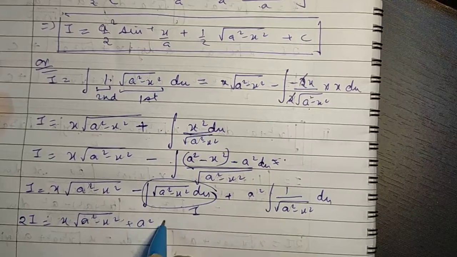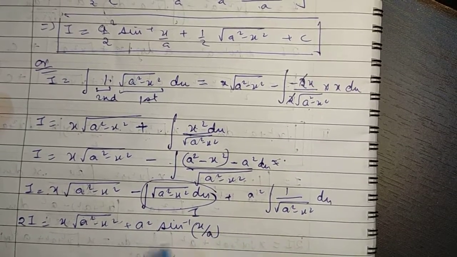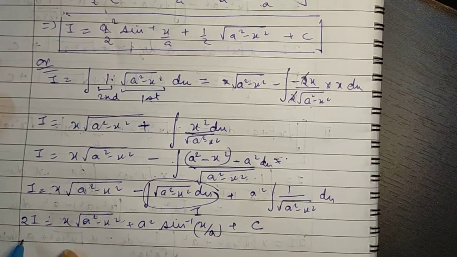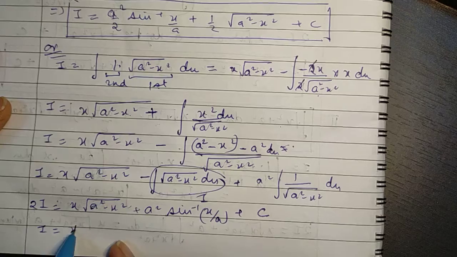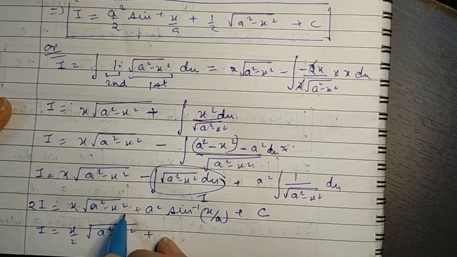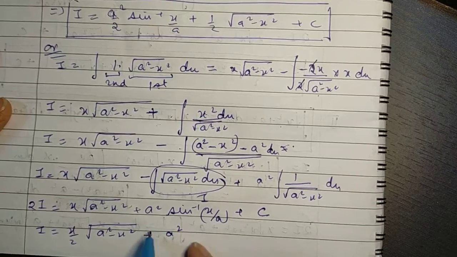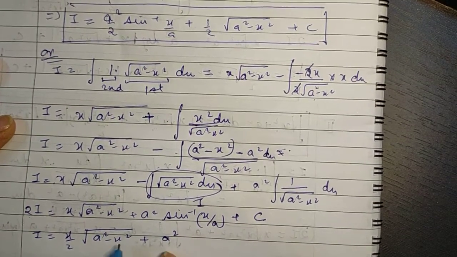Integral of this is sine inverse x upon a and plus a constant, and so removing this 2 from here, we get under root of a squared minus x squared plus a squared by 2.